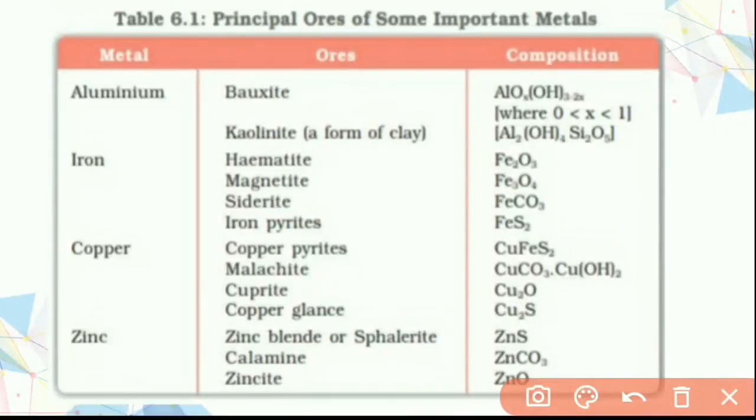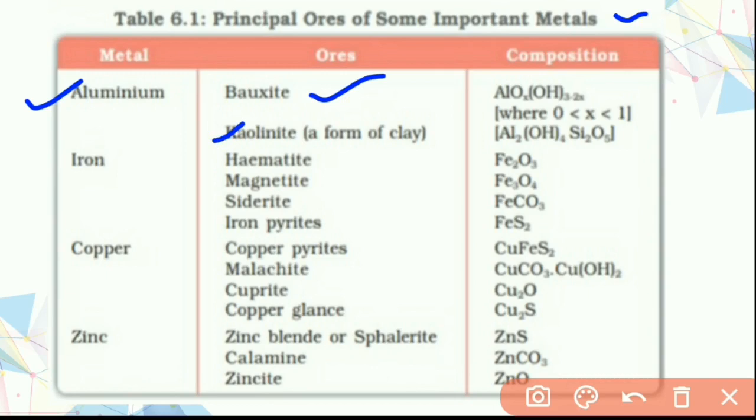See this table. In this table, the principal ores of some important metals are given. First metal is aluminium. Its ore is bauxite and its chemical composition is AlOx(OH)3-2x, where x is between 0 and 1. The second ore of aluminium is kaolinite, with chemical composition Al2(OH)4Si2O5.